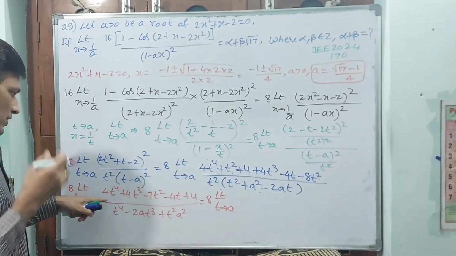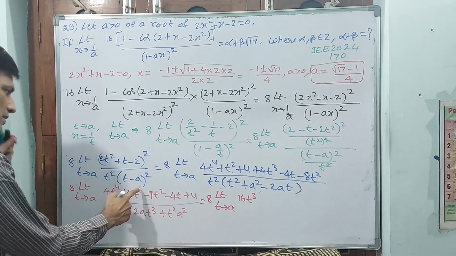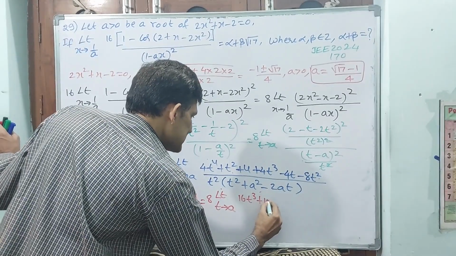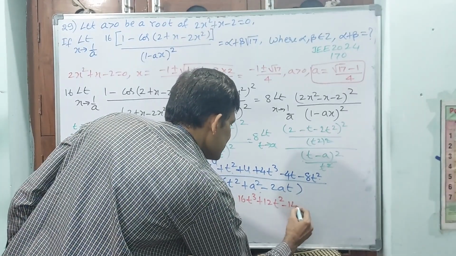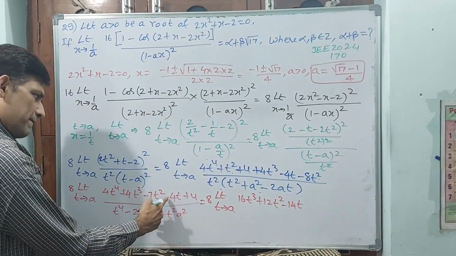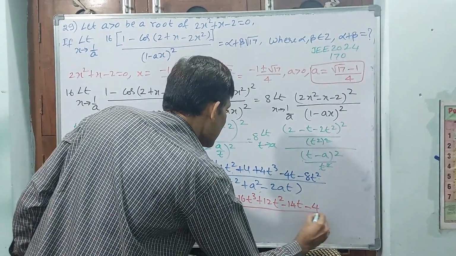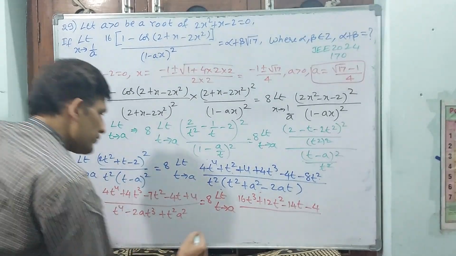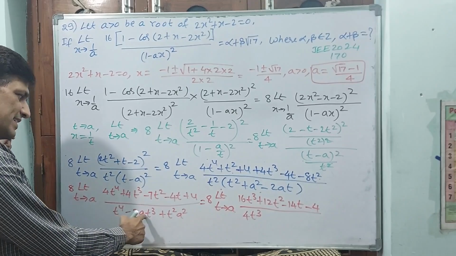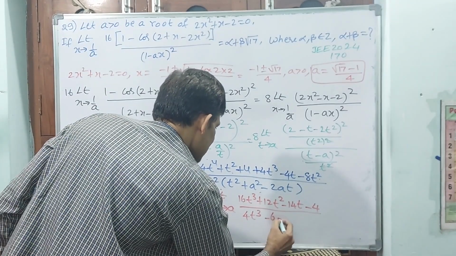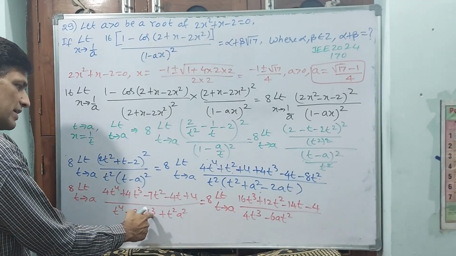L'Hospital rule means see 16t cube, 12t square, minus 14t, minus 4, divided by 4t cube, see minus 6a square minus 6a t square. Is it okay? 3 into 2, 6a t square.